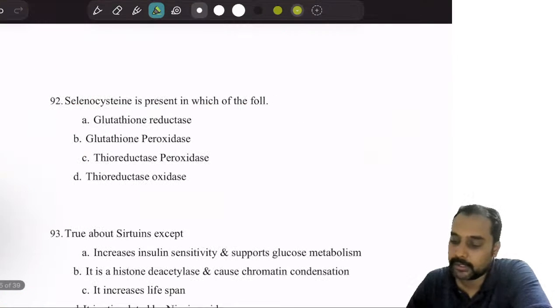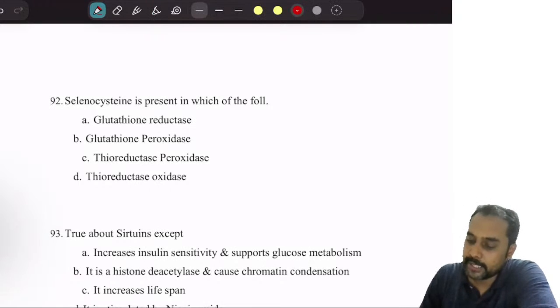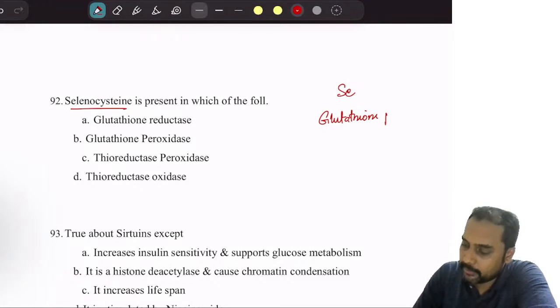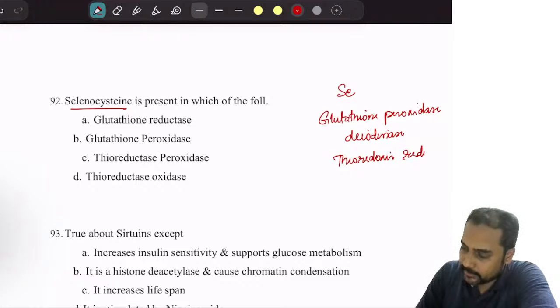Okay. Now, selenocysteine is present in which of the following? Basically, they are asking you, selenium is a cofactor for three enzymes: glutathione peroxidase, deiodinase, thioredoxin reductase.